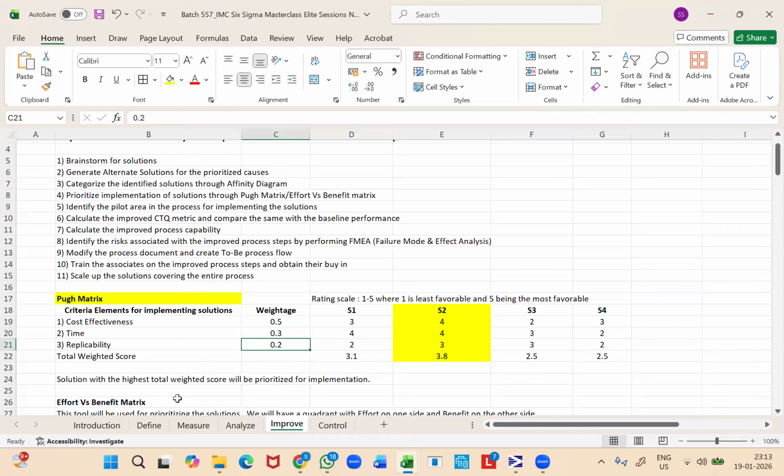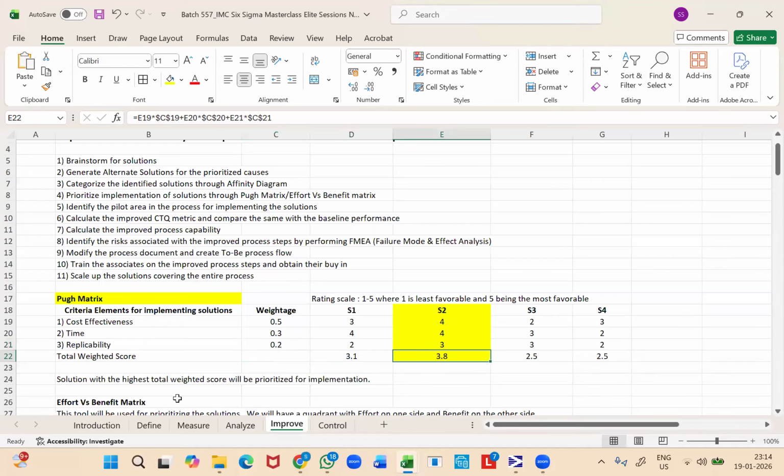So once I multiply the rating that I had given for a particular solution against each of these criteria elements with the corresponding weightage and then sum it up, I will get the total weighted score.